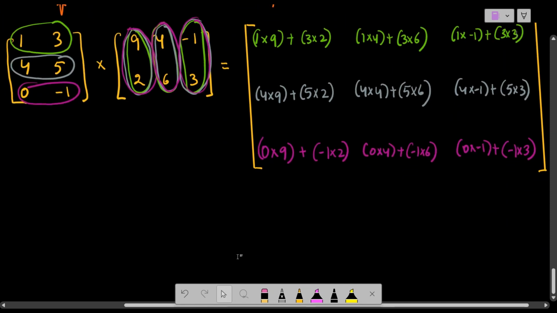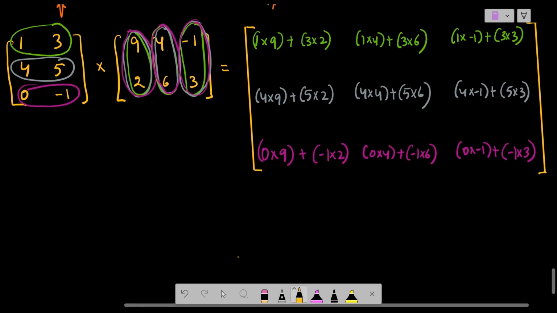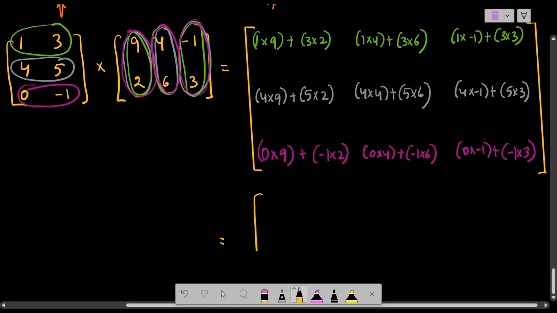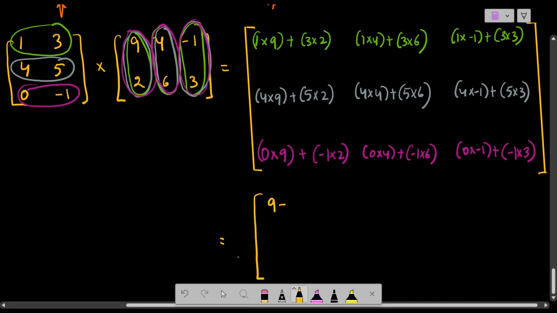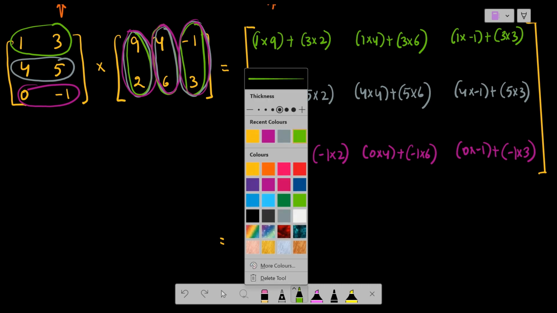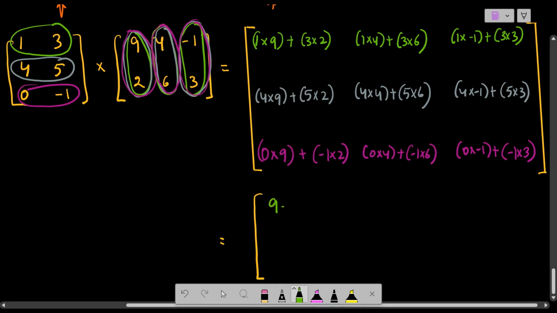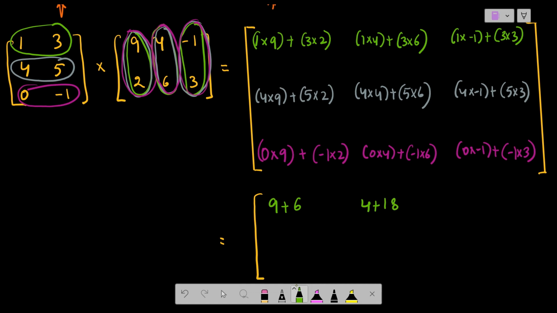So now solve this. How much you will get? I'm going to write here. Okay. So 1 into 9, 9 plus 6 here. Okay. So let us use the colors to avoid confusion, students. Okay. Here 9 plus 6 here. 4 plus 18 and here minus 1 plus 9. Okay.